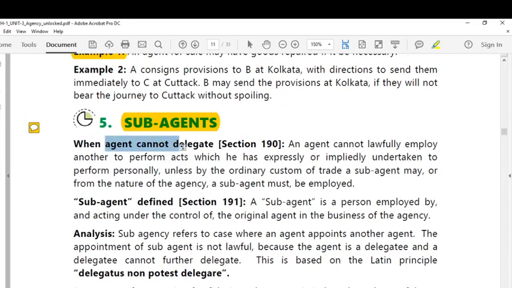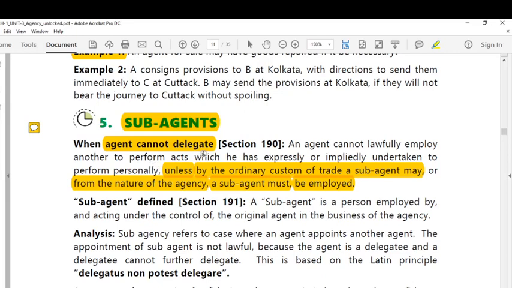The agent cannot delegate his duties and rights. The agent cannot lawfully employ another to perform acts which have been expressly or impliedly undertaken to be performed personally, unless by the ordinary custom of trade a subagent may, or from the nature of the agency, a subagent must be employed.